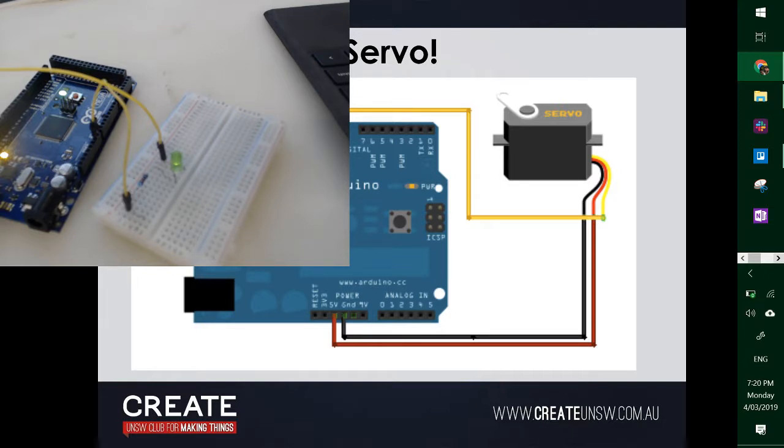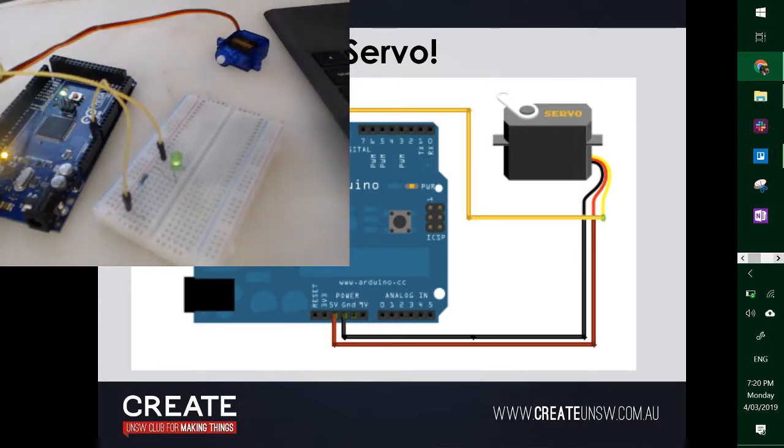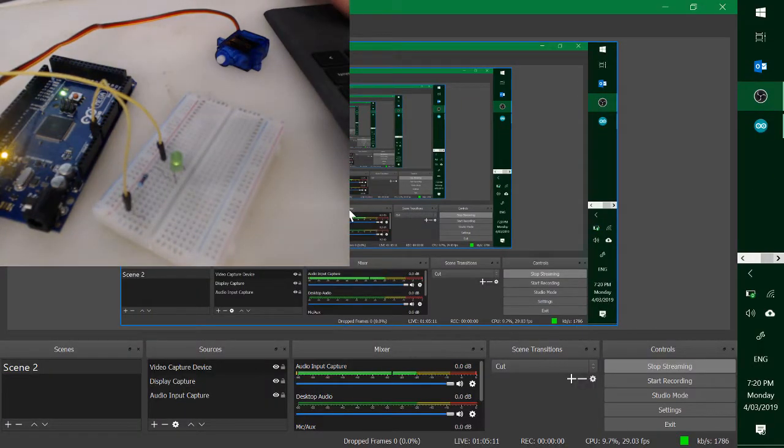Now that you have this, we need to plug our servo into power and to our Arduino. If you follow the diagram, the red wire on the servo needs to plug into the 5V on your Arduino. And the 5V is located next to ground. I'm going to do that right here on the live stream, and we'll get to the code.